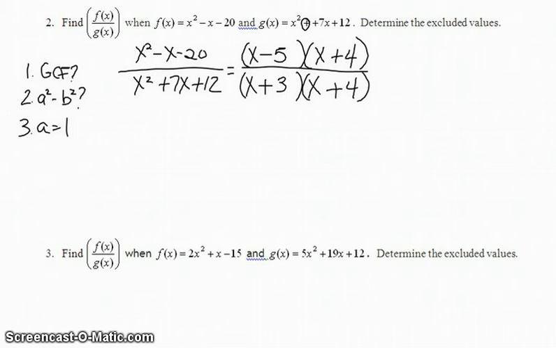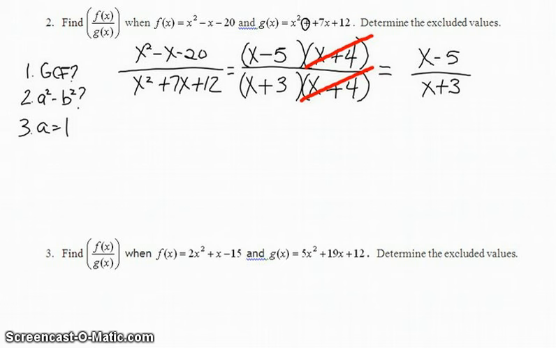Now I look for common binomials in the numerator and the denominator, and I can cancel those like terms. I'm going to cancel x plus 4 from my numerator and my denominator, which leaves me a quotient of x minus 5 over x plus 3.